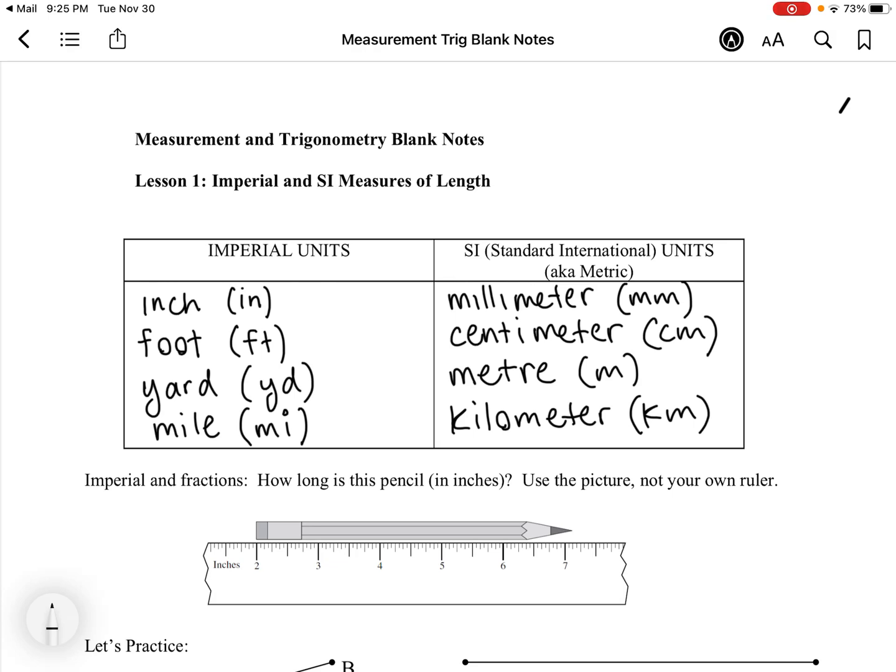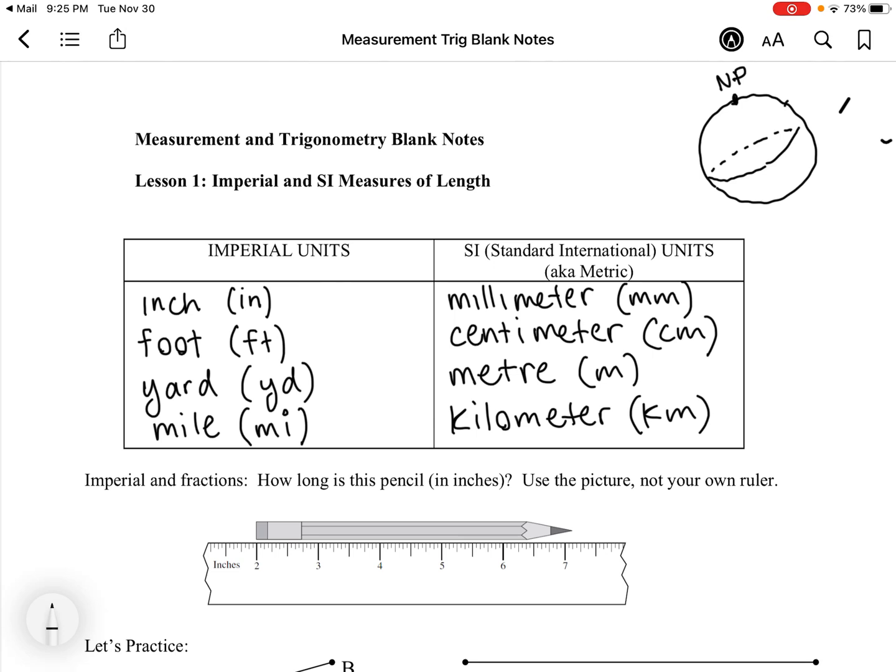And 1 meter, I'm just going to draw this for you, is exactly 1/10,000,000th of the distance from the North Pole to the equator. So here's the equator, and it's through Paris.